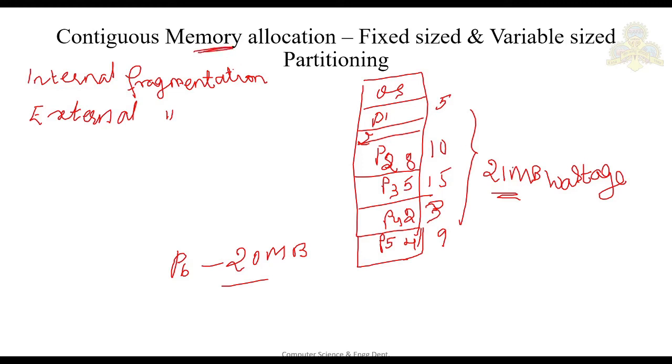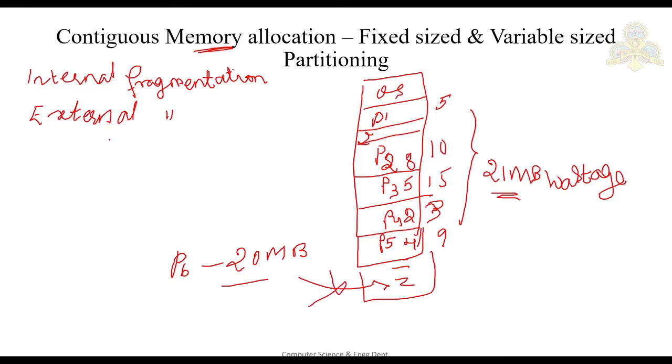If the 21 MB was contiguous, then we could have kept P6 there. But in our case, the 21 MB is not contiguous. 2 MB is somewhere, 8 MB is somewhere, 4 MB is somewhere, so you cannot keep P6 in the main memory.